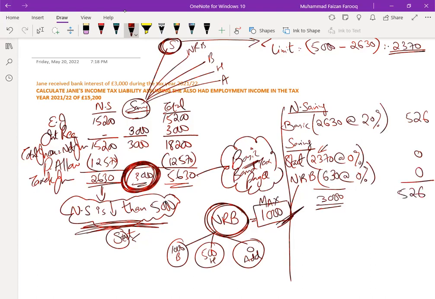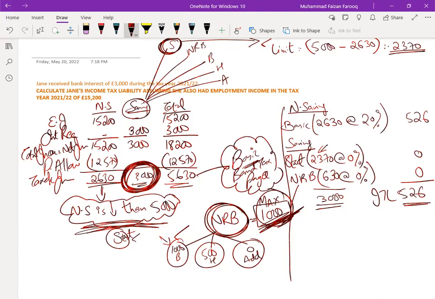Because the allowed limit is 1,000, as this person is a basic band taxpayer, but only 630 is left because 2,370 fell in the start band. So 630 is under 1,000.